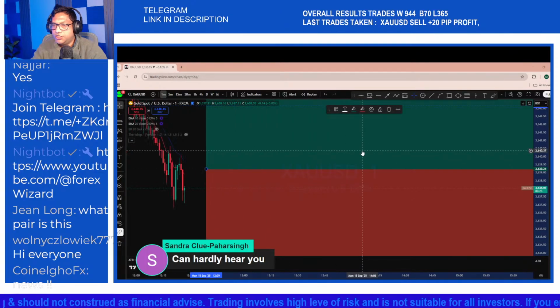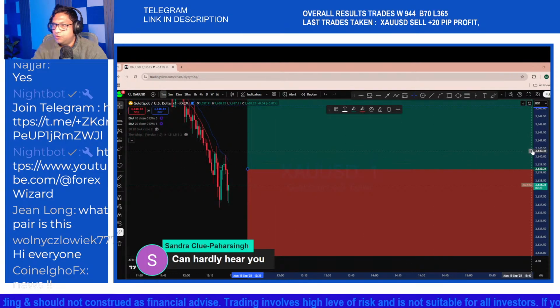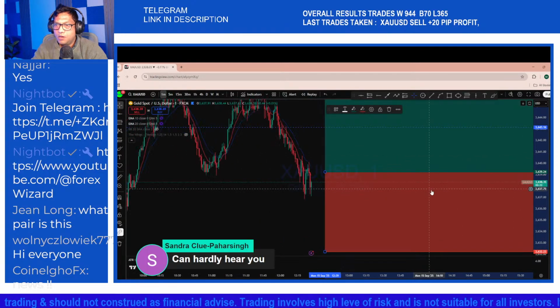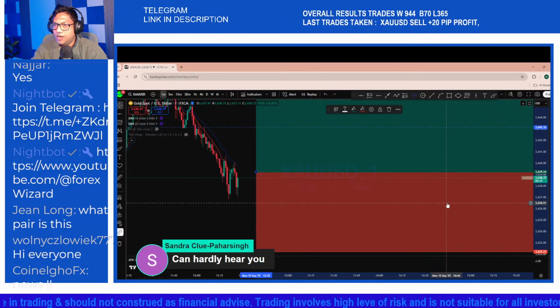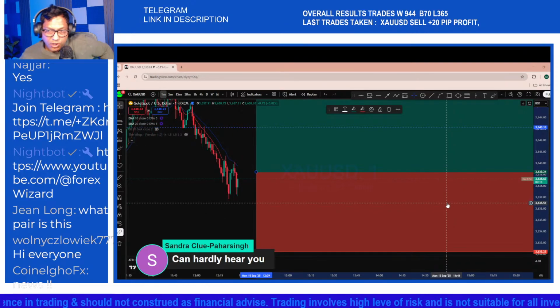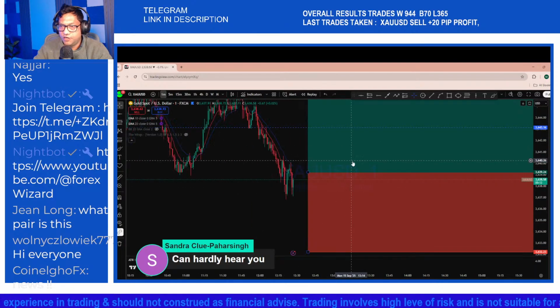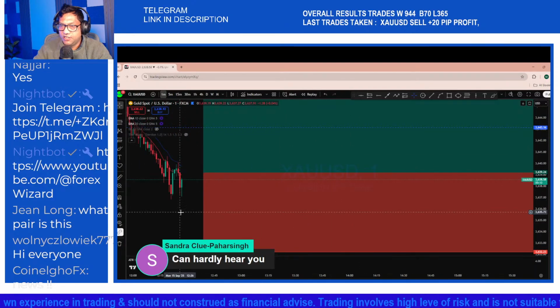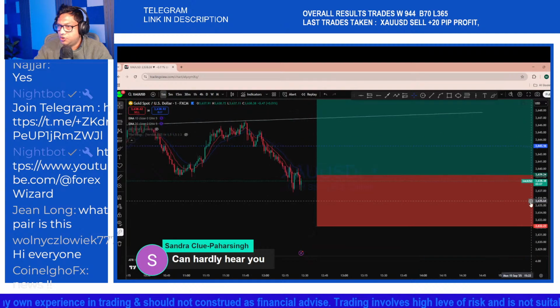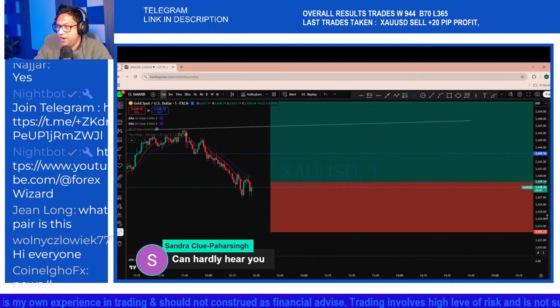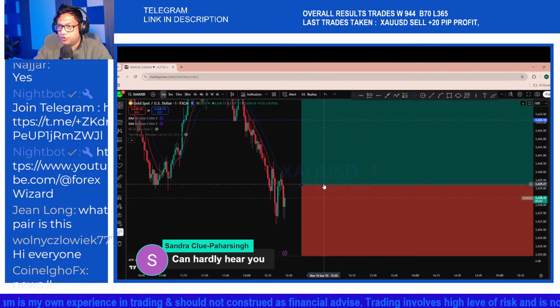We need a rejection for a possible movement to the upside, and we can see some kind of reversal pattern formation here on gold, expecting the market to potentially return back above to create a new higher high here.